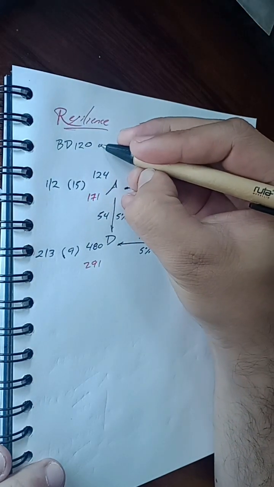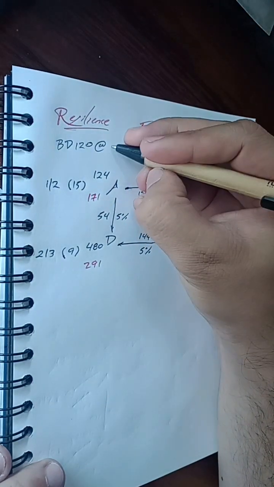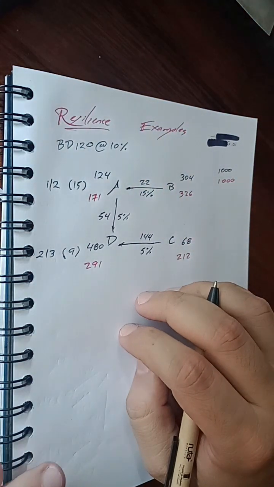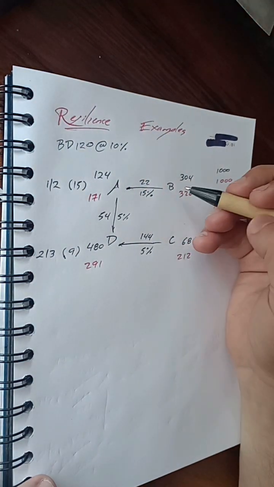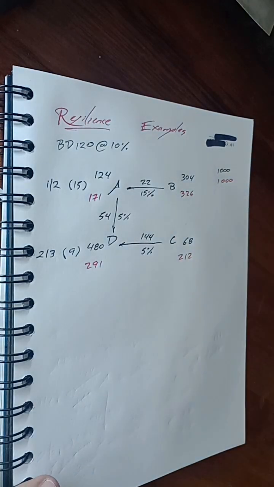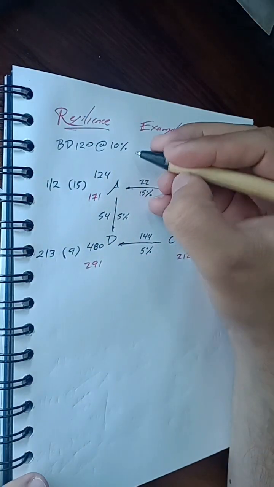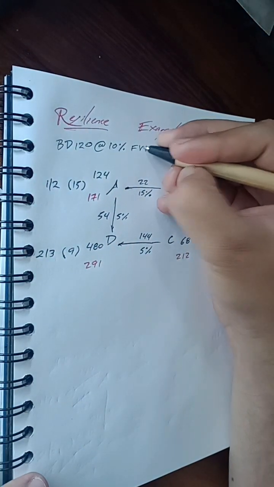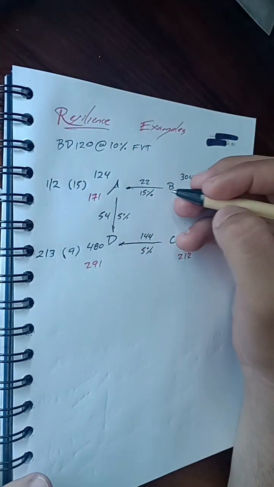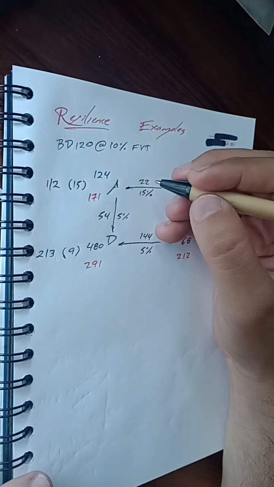So we're going to say that B makes this transaction at 10%. So in this case, the direct link would amount for the 120, because it's just a forward value transfer. So we just reinforce all the links in the route by 120.